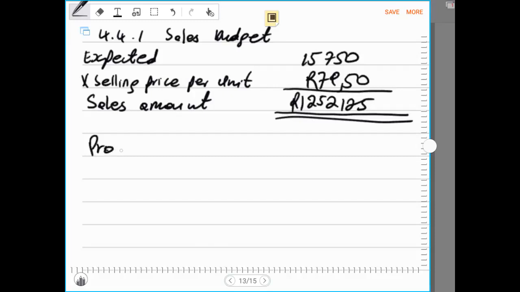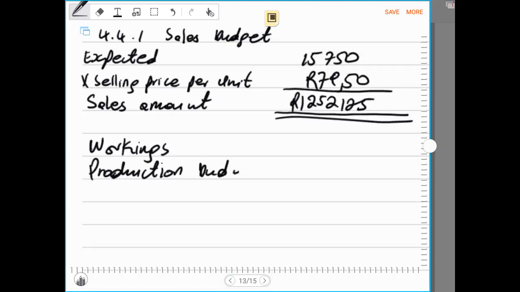So now this is our workings, which is the production budget, because we cannot skip these budget workings, where we start with the production budget, so that the production budget will tell us how many units must be manufactured.